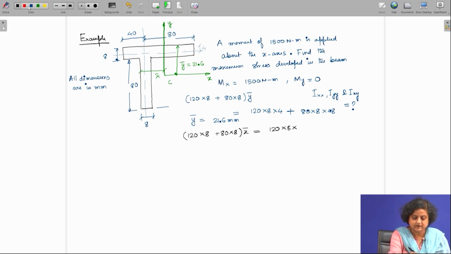So, the centroid of another line of this is at a distance 60.